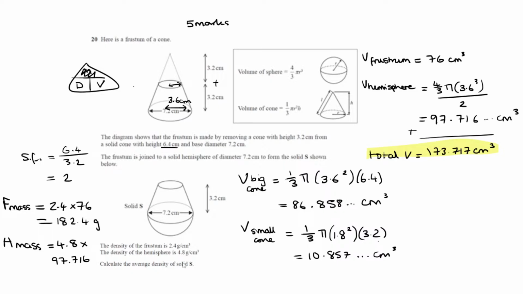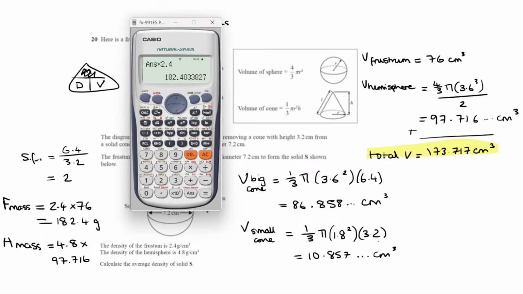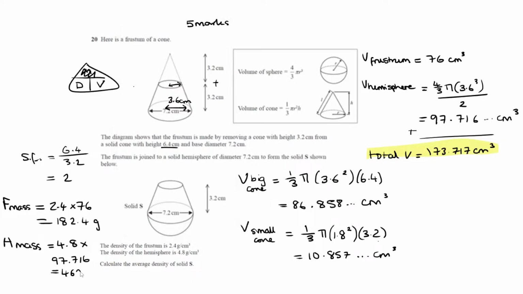We'll just use the decimals I've written down. It will give you a slight range at the end, because obviously there were so many decimals to try and keep up with, not everyone would be keeping every single decimal, so that's fine. 97.716. So I've got 469-ish. Yeah, you can still see that. So then obviously we want total mass.